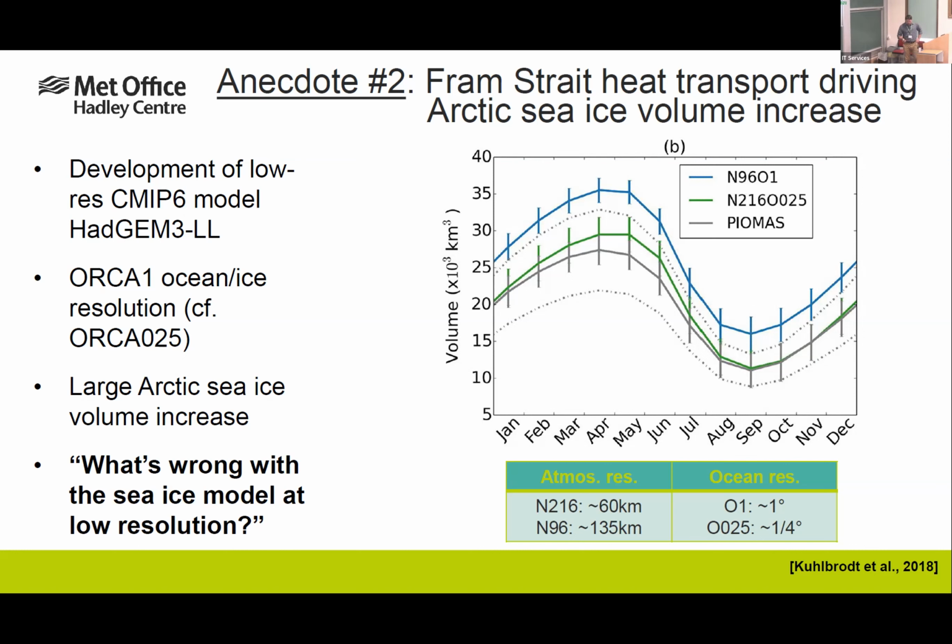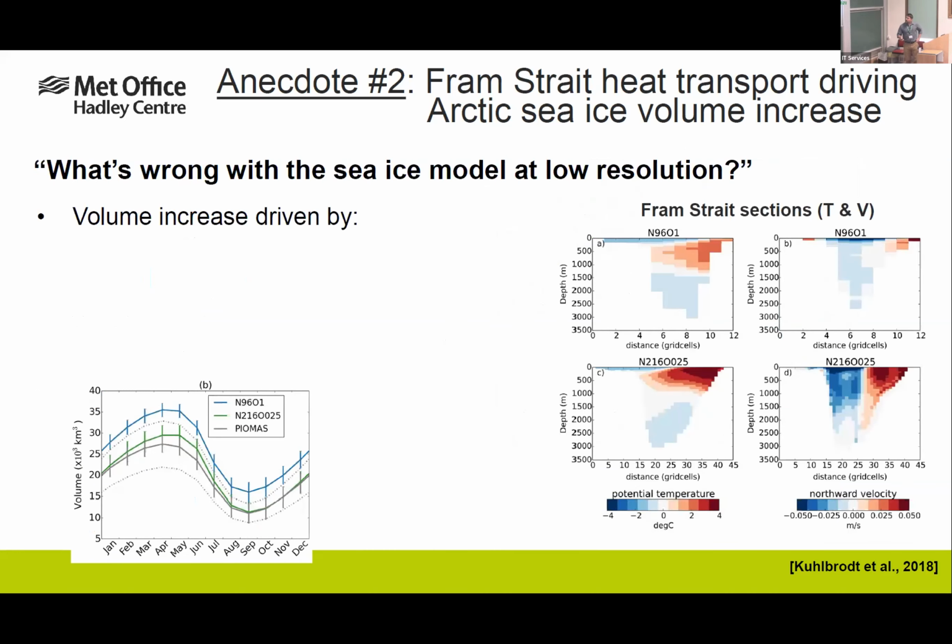And I'm being asked, oh, is the sea ice not functioning at this low resolution? And I say, well, it was made for that resolution, so it should be doing what it's told. And of course it was doing what it was told by the ocean. Here's the difference in the 1 degree ocean and the 1/4 degree ocean in heat across Fram Strait. So this is the Fram Strait section and northward velocity.